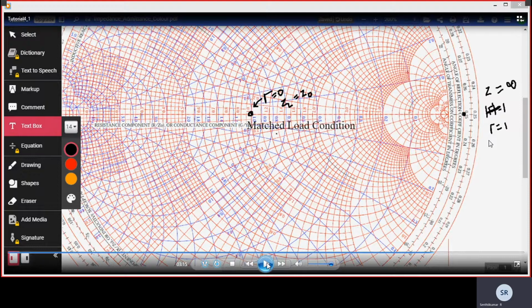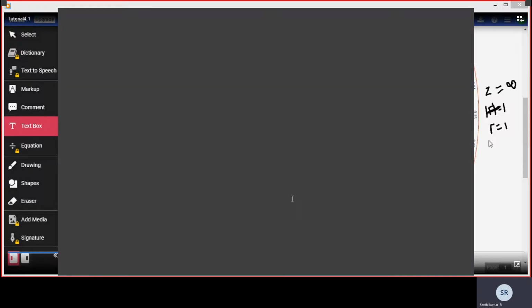From this tutorial you learned how to mark the reflection coefficient in the Smith chart, and the location of Z equal to infinity and Z equal to 0, tau equal to 1, tau equal to -1, tau equal to 0, the matched load condition, and the point corresponding to the load impedance ZL equal to the characteristic impedance Z0. That's all about this tutorial number 1.